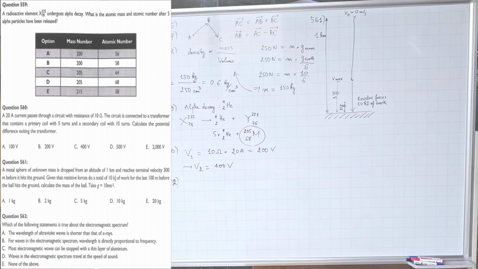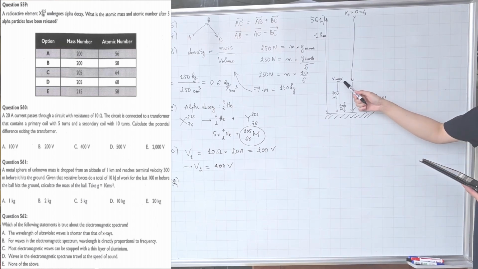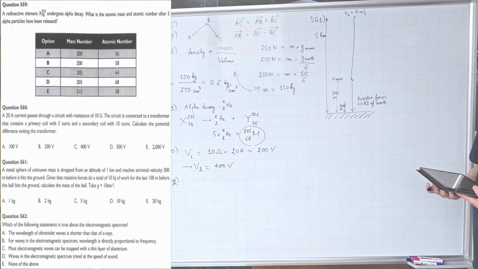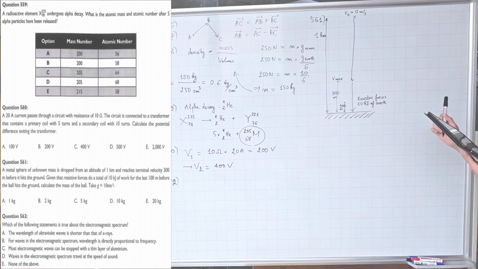So how do you do this one then? What do you think? Maybe it's good to find V here, right? To calculate the mass of the ball, what do you need? Let's see what we can find first, okay?